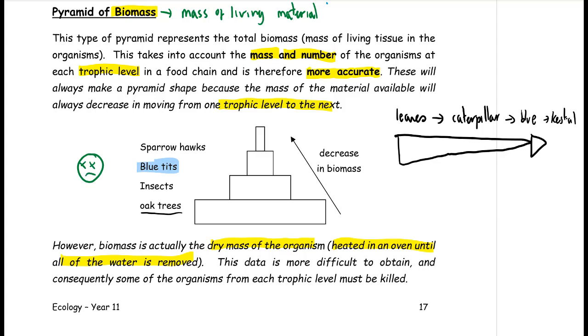So, if you want to construct a pyramid of biomass, some of the organisms from each trophic level must be killed. And that's because removing the water from a living organism will actually kill it. So that's why this pyramid is less frequently done, because it's quite difficult to obtain the data, because you have to kill the organisms.